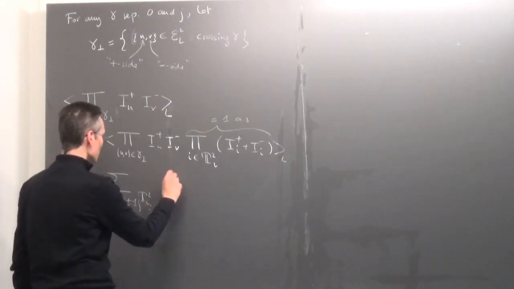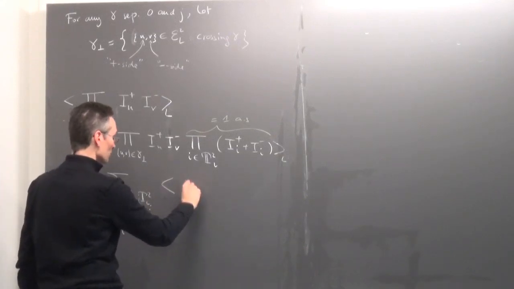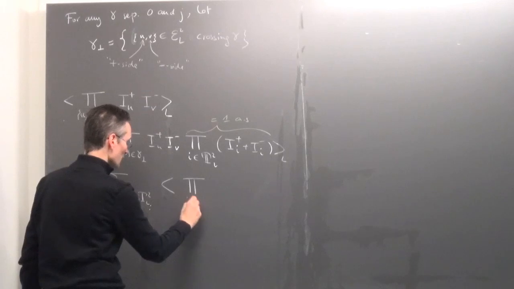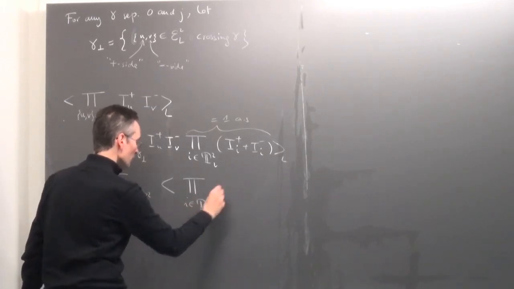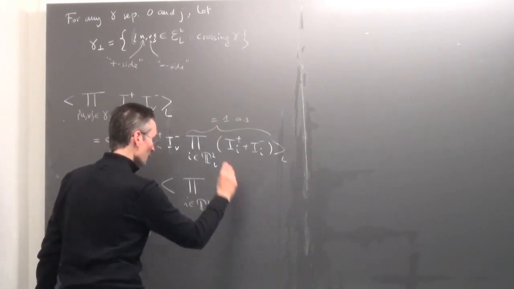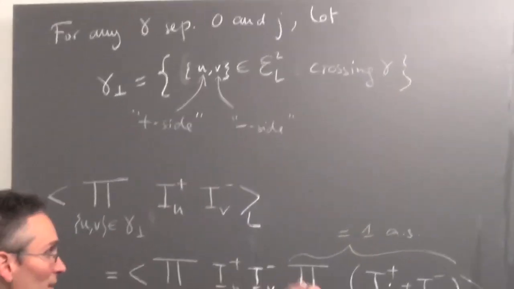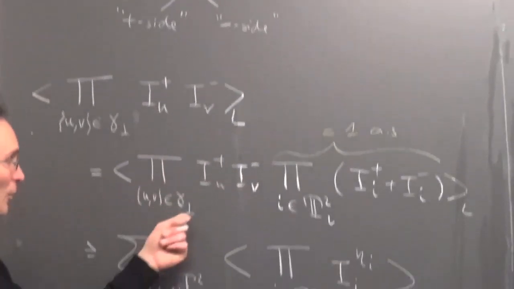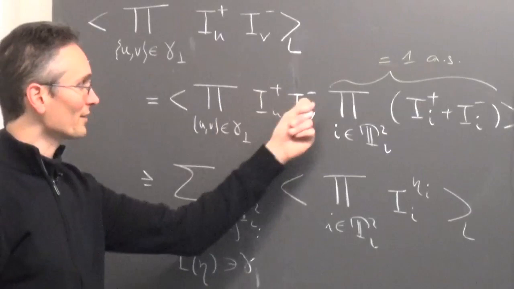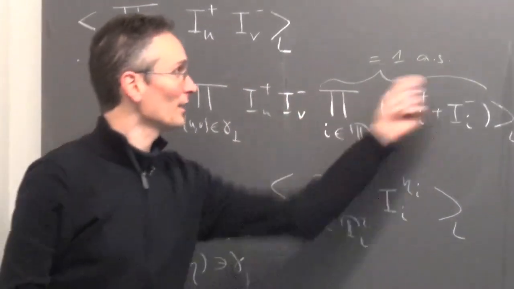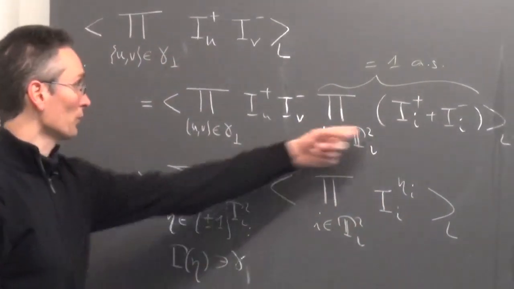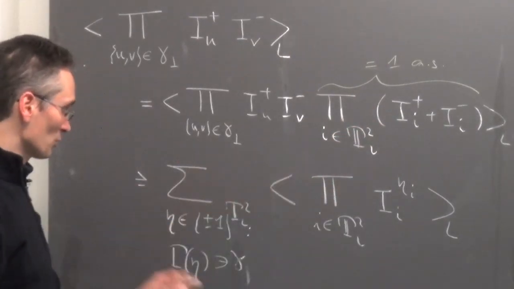And then I get the expected value of the product over, say, I in torus L, I eta. All right? When I expand this, along gamma orthogonal, I already know the values. It's plus on one side and minus on the other side. And then I get the rest of the configuration by expanding this. So I get an expression like that.